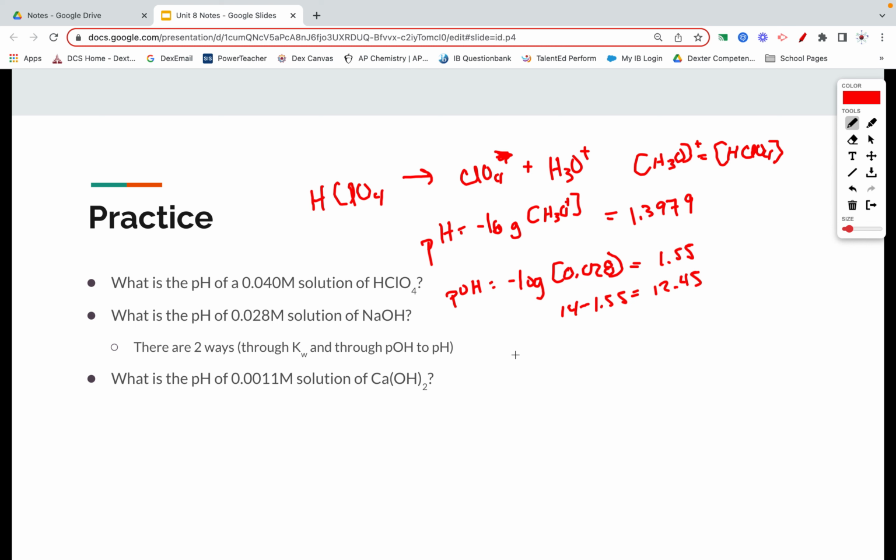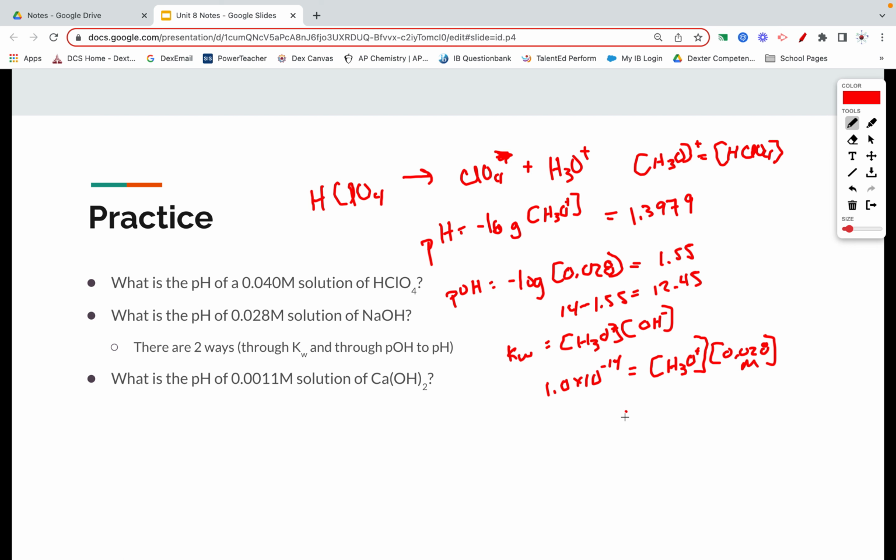The other way we can go about it is we know that Kw is the concentration of hydronium times the concentration of hydroxide. So we know 1.0 times 10 to the negative 14th is equal to the hydronium ion concentration times our concentration of hydroxide, which is 0.028, because it's a 1-to-1 ratio.